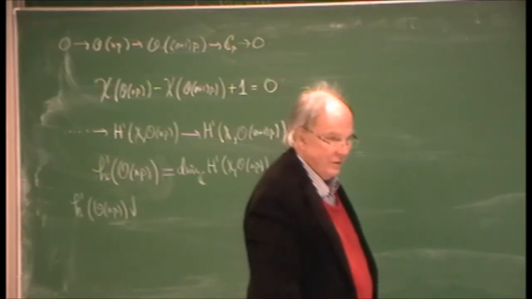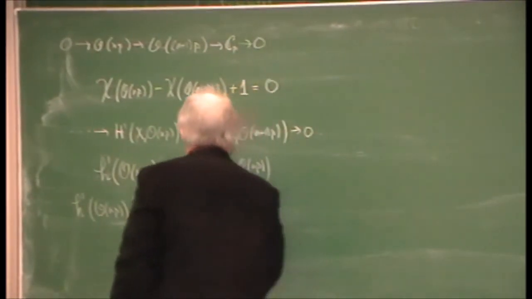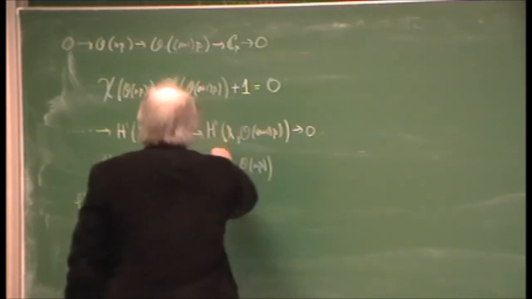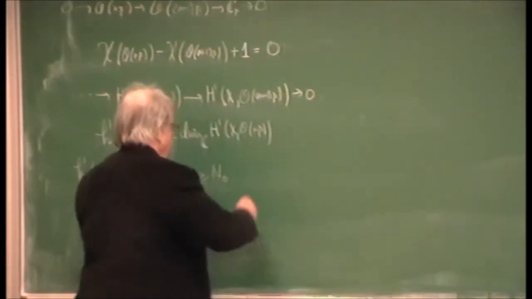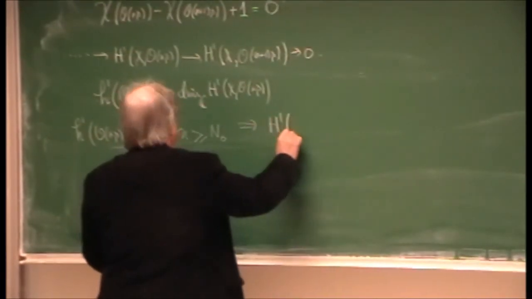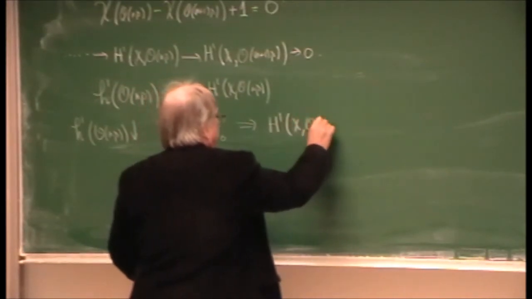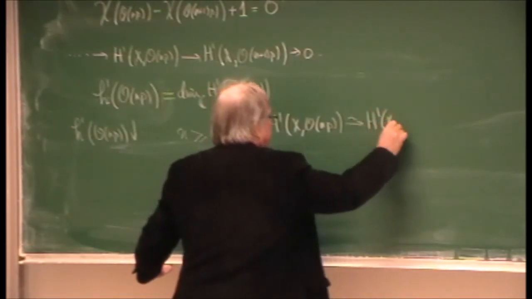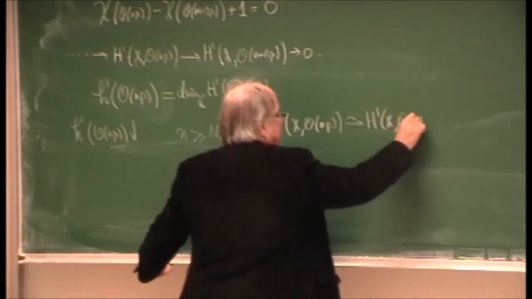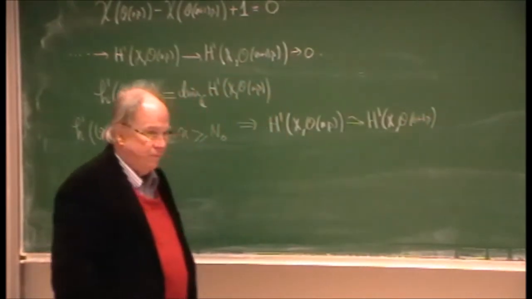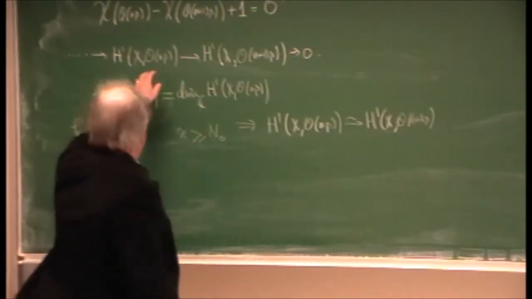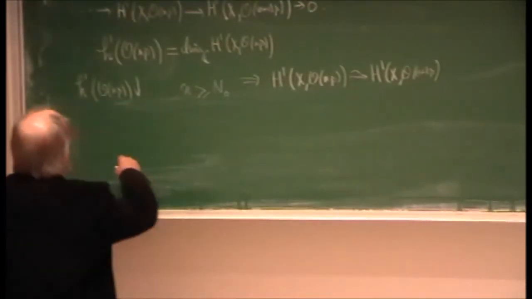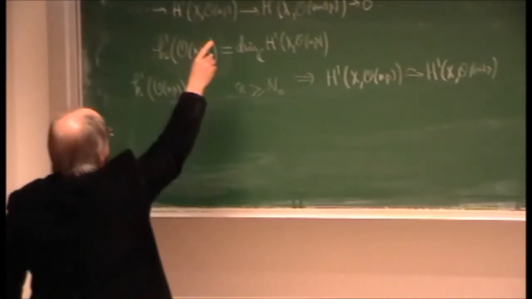Eventually it stabilizes. So for n bigger than some number n0, it doesn't go down, which implies that these two things are isomorphic, that this mapping is an isomorphism. It has to stabilize. That means the mapping doesn't have a kernel.